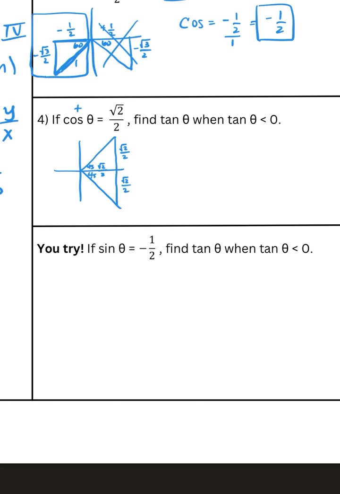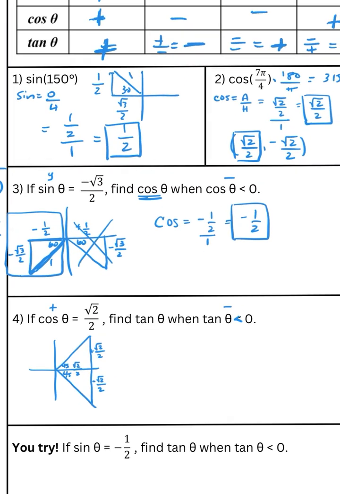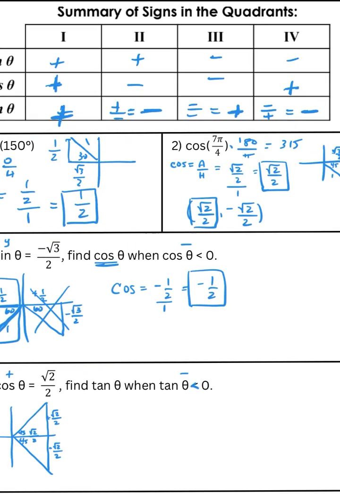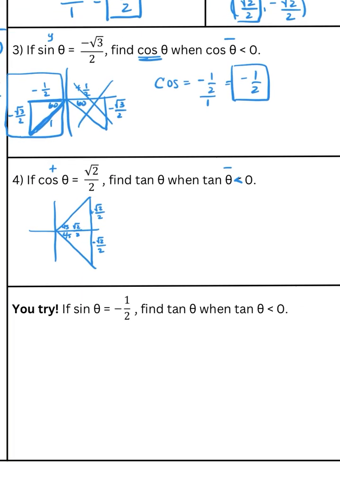Now, when the tangent is negative, which means one is positive and one is negative. When is tangent negative? I can look back at my chart and see that tangent is negative in the second quadrant and the fourth quadrant.